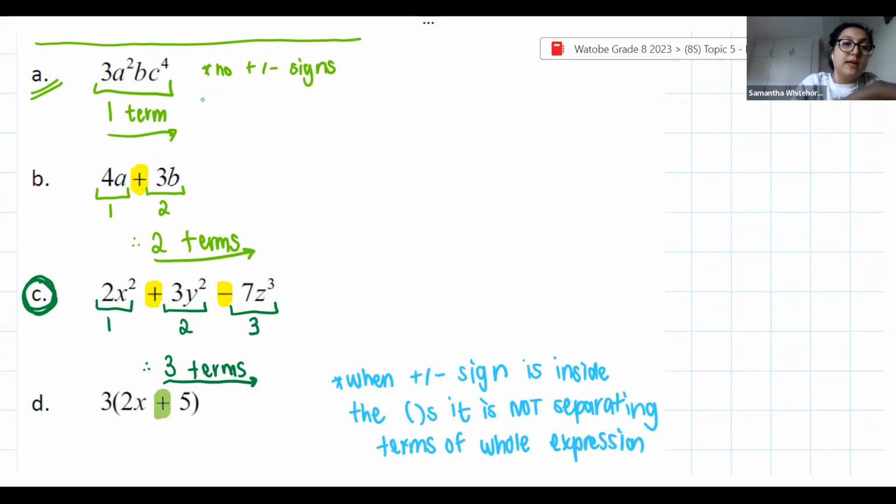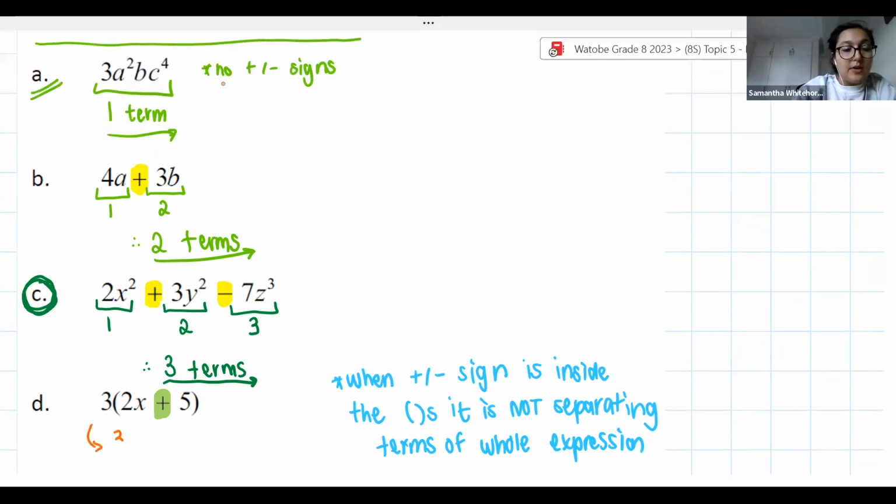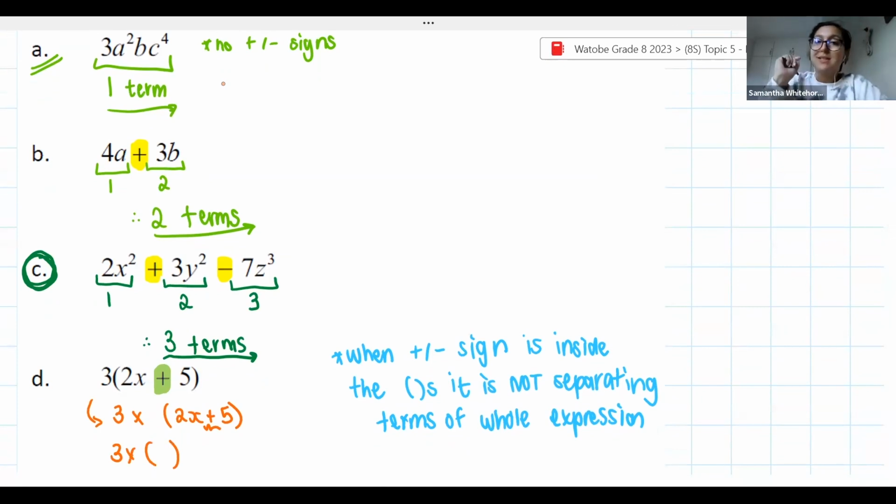Okay, so what that essentially means is that if I look at question D, what I have is 3 times the bracket 2x plus 5. And because I'm not really concerned about that plus sign inside the bracket, essentially all I actually have is 3 times a bracket. And so if I look at the signs that I'm dealing with in the expression as a whole, I only have a multiplication.